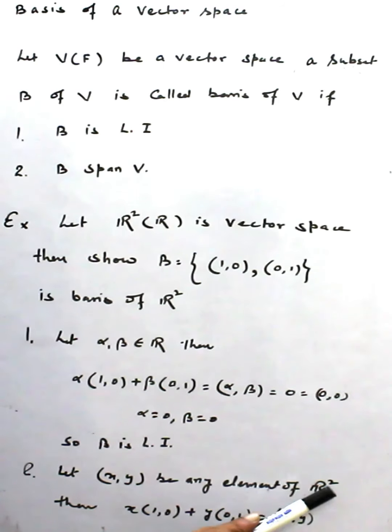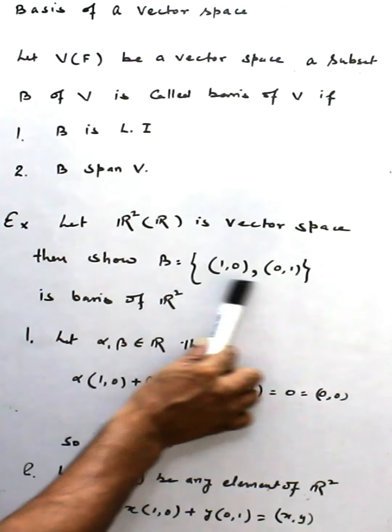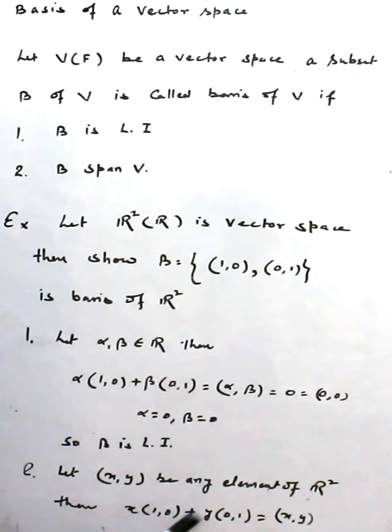That means any element we pick from R square, by using a linear combination, these two elements span the elements of R square. So this is spanning.